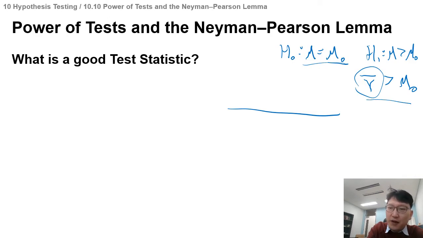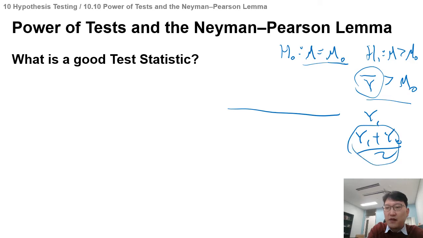However, probably we can also use y1, or y1 plus y2 divided by 2. We can also use these types of estimators as a test statistic. But why do we choose y bar? We want to think about what a good test statistic is.